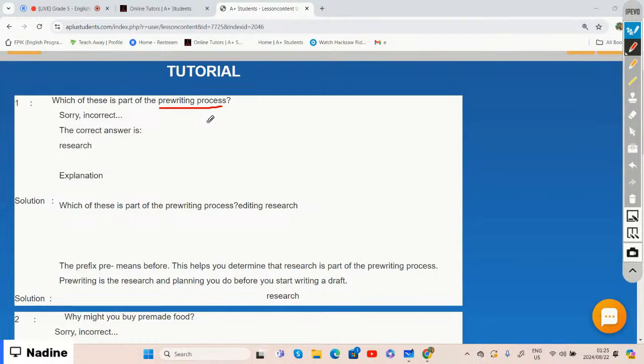All right. So when we look at the pre-writing process, then research. Whenever you write something, remember you need to research whatever that you are writing. So yes, research is correct.